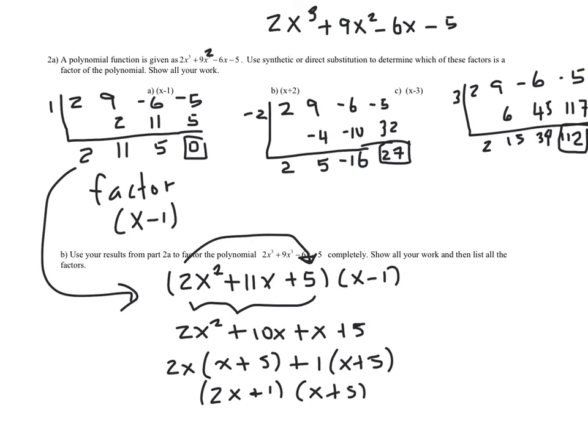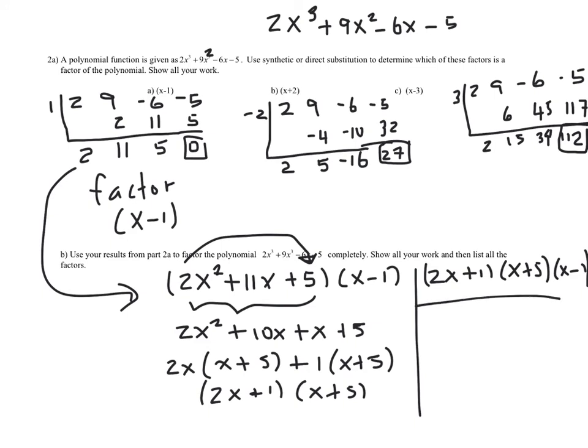And now, what are my factors? My factors are 2x plus 1, the other one is x plus 5, and then x minus 1. And I could even get the zeros.